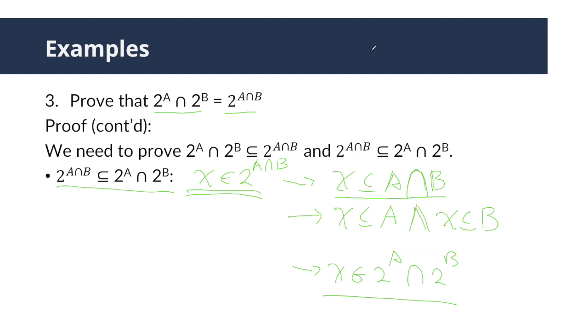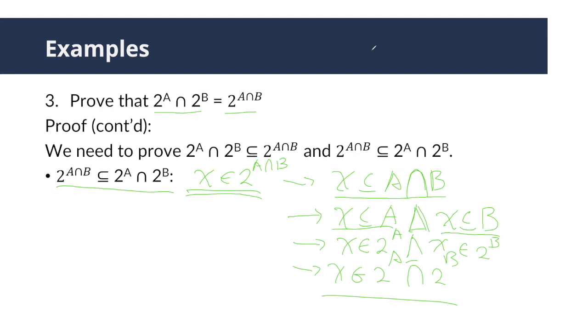Don't confuse them. And next, since X is a subset of A, we can imply X is in the power set of A. And again, it should be AND. Since X is a subset of B, X is an element of the power set of B.